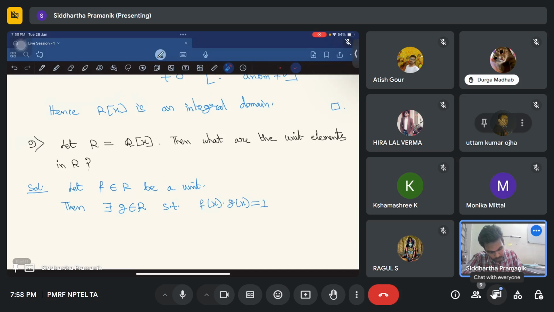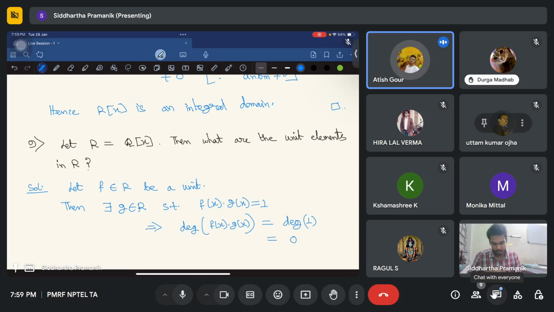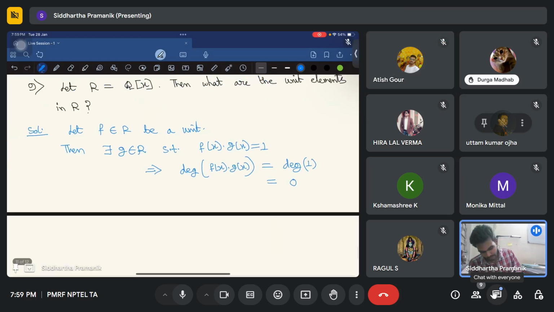Now here we have the constant polynomial 1 and here we have two other polynomials. What can you say about the degree of the left hand side? That will imply the degree of f(x) times g(x) is the same as the degree of the constant polynomial 1, and the degree of a constant polynomial is 0. On the left hand side we have degree of f(x) plus degree of g(x).